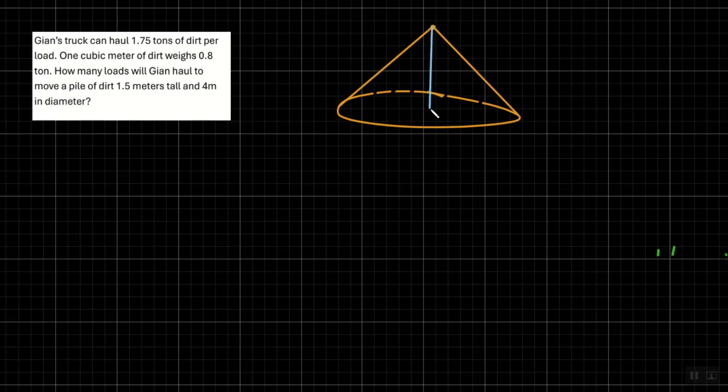Yeah. So let's draw our height. So this is 1.5 meters. And then our radius is how much, Raylene?